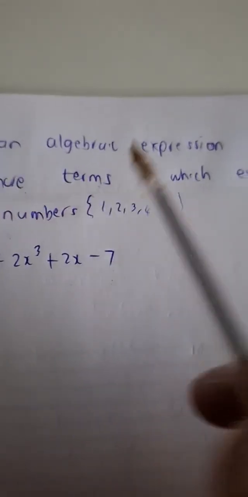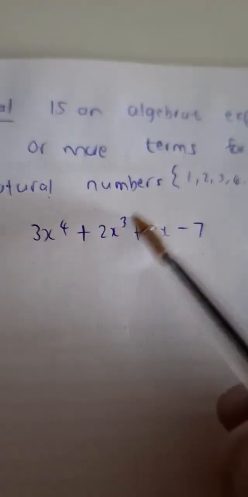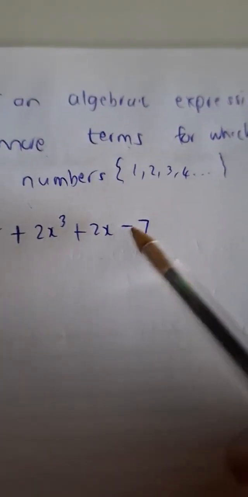So it's an algebraic expression consisting of one or more terms, for which the exponents, let's see, here we have an exponent 4, we have an exponent 3, we have an exponent 1, and all of these exponents are natural numbers, with a constant term, of course.